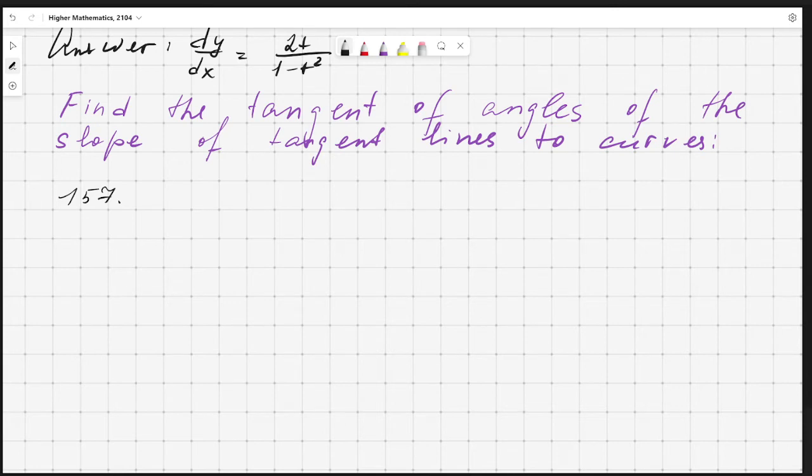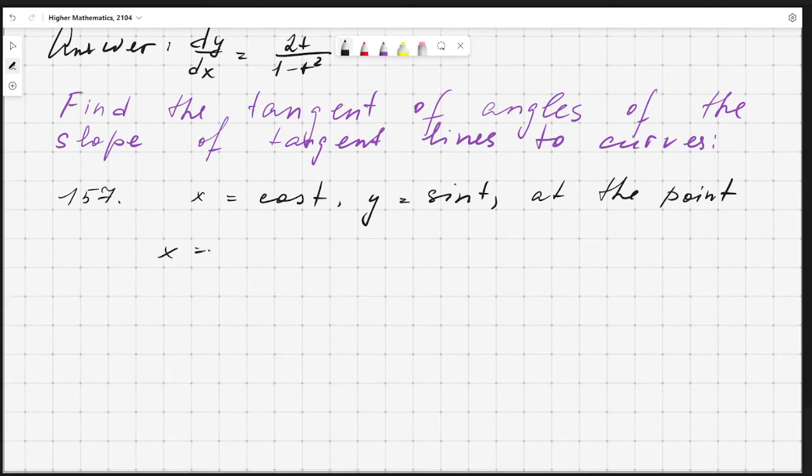X is cosine of t. Y is sine of t. At the point x is minus 1 over 2, y is square root of 3 over 2. Make a drawing.